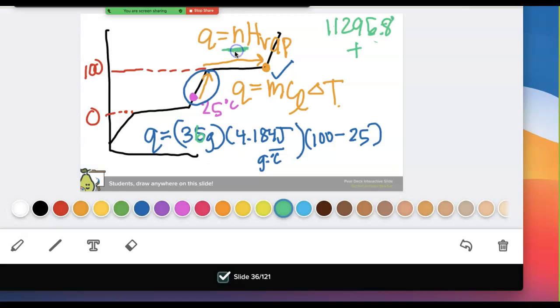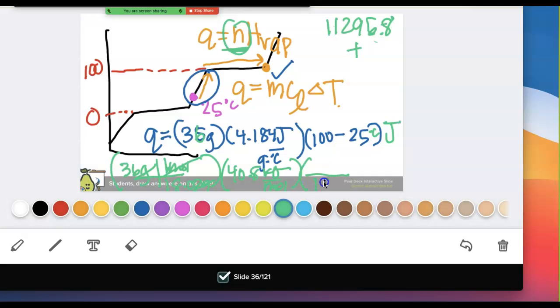So n means moles. I didn't give you moles. I gave you grams. So 36 grams divided by 18.02 grams per mole. This whole term right here is n. There's my n right here. And then enthalpy of vaporization, you have to look up. 40.8 kilojoules per mole. It's a constant. Moles cancel. Grams cancel. And I'm going to have the same issue here, where this top number comes out in joules, and this one would come out in kilojoules.